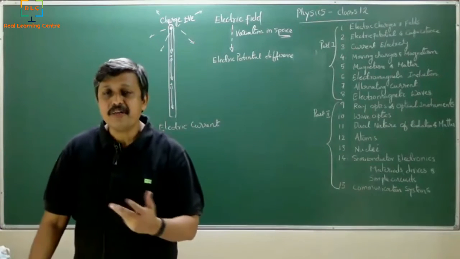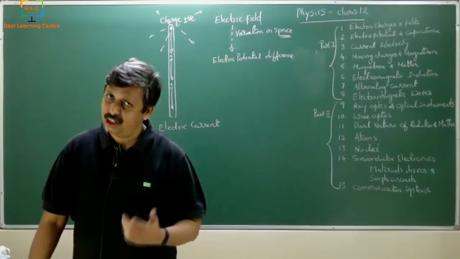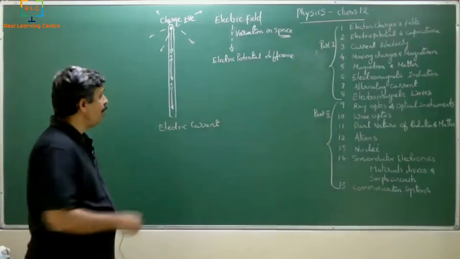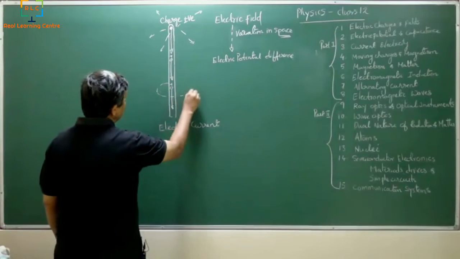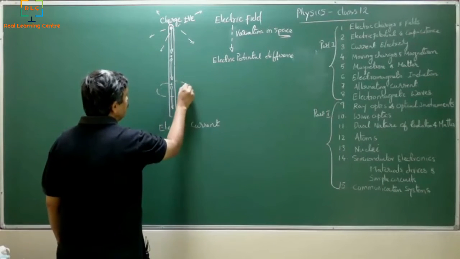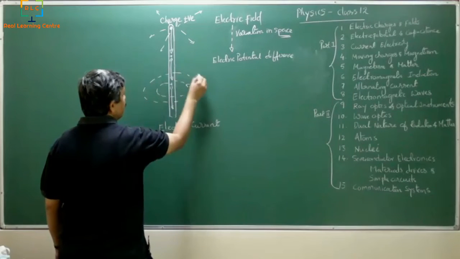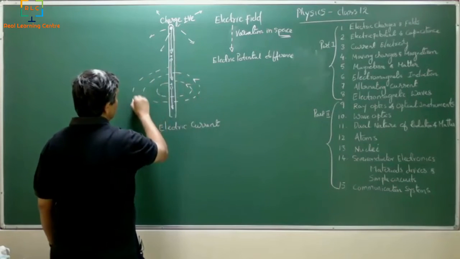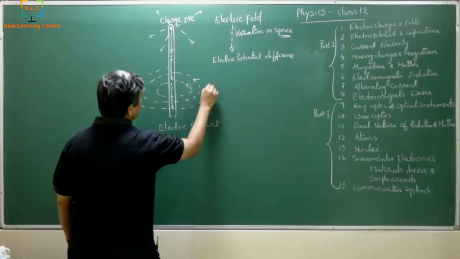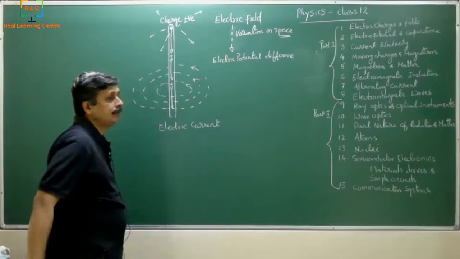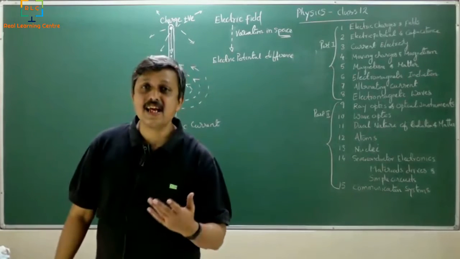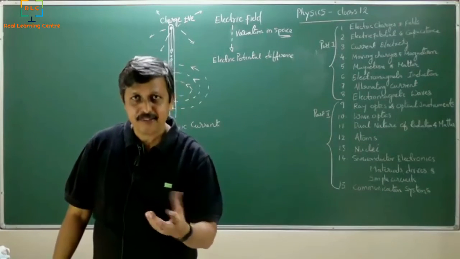Now, the moment electric current is established in a conductor, around this conductor you can see that a magnetic field gets formed. The magnetic field will always be there when there is a current flowing.